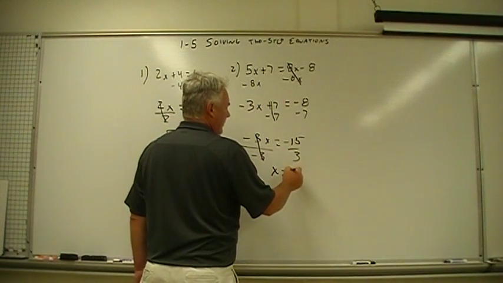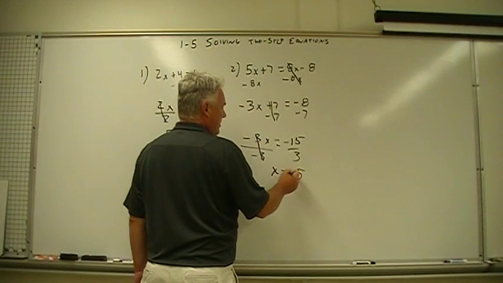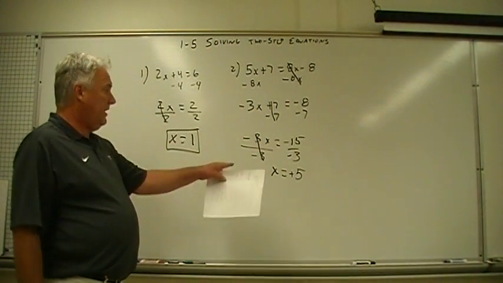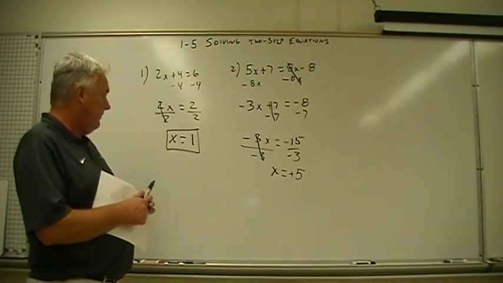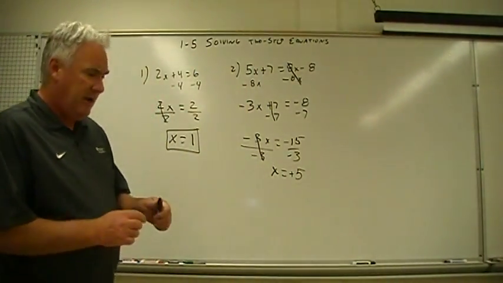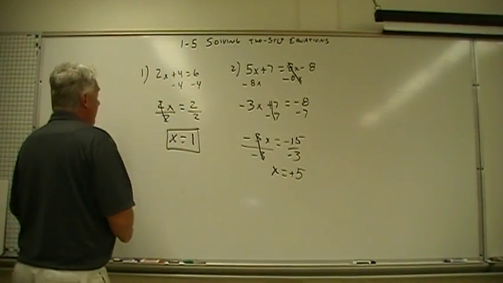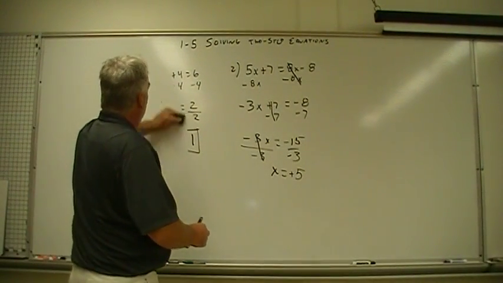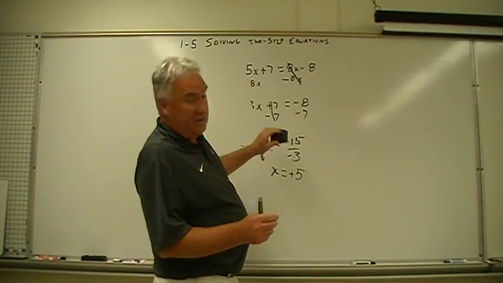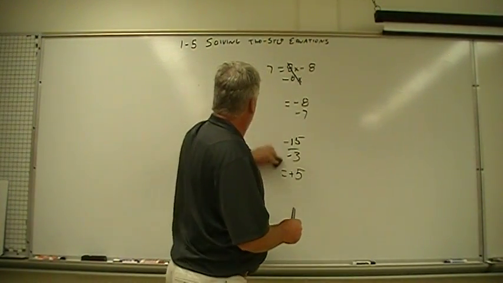X equals negative 5, actually positive 5. Keep track of your negatives on that, so your answer is positive 5 for number 2. Alright? So that's the first two. I've got 2 that are a little more complex. You can try working on those while I write them down.